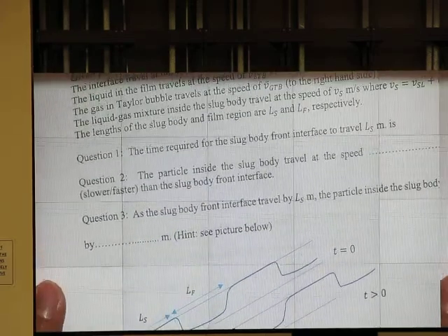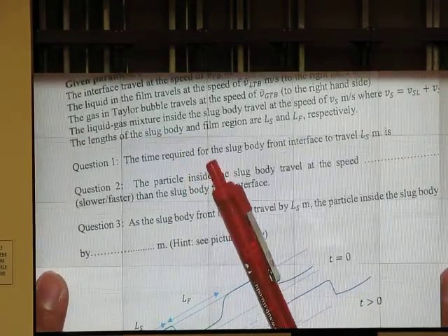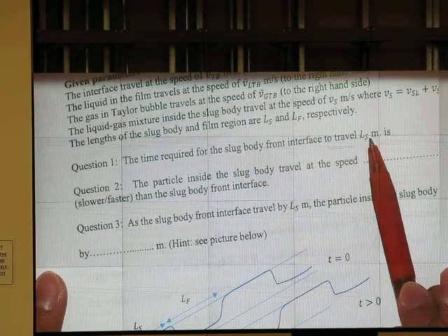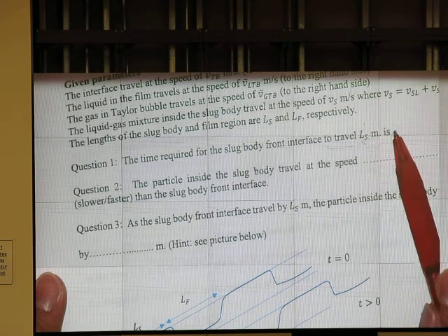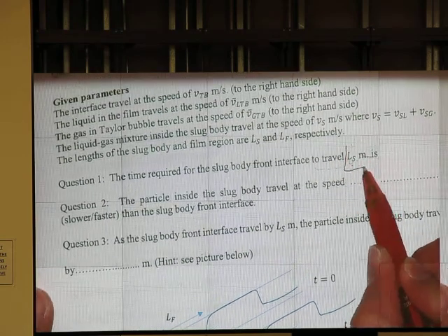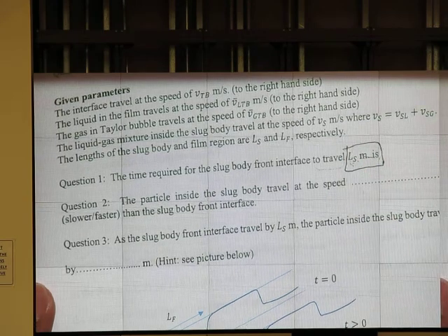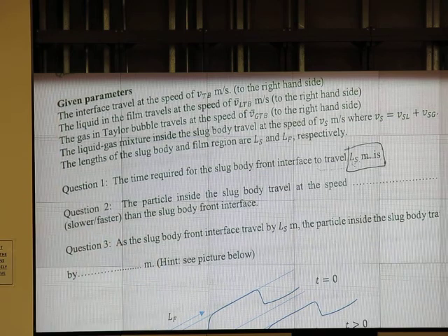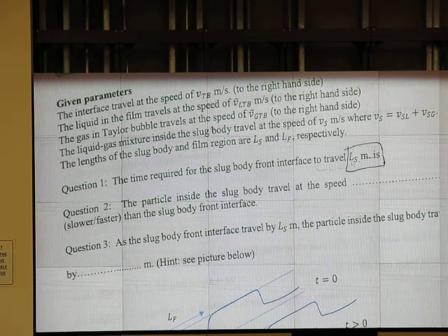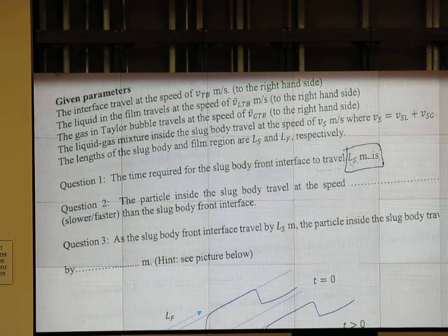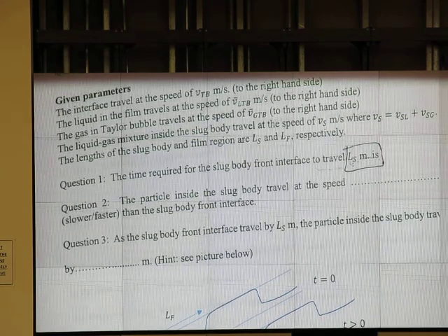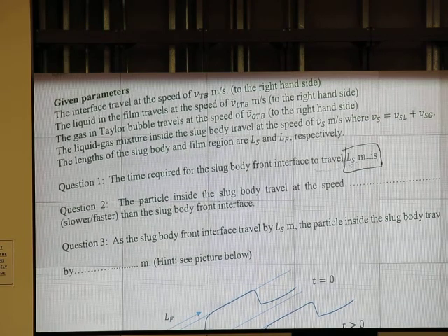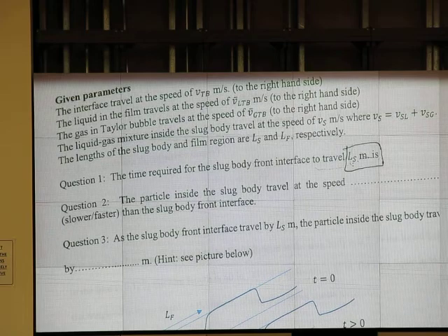Okay, let's do this. The time required for the slug body front interface to travel a length LS is how much? How much is the time required? How much is the time required for the front to travel LS meters? It depends on the time, so we take length divided by velocity.